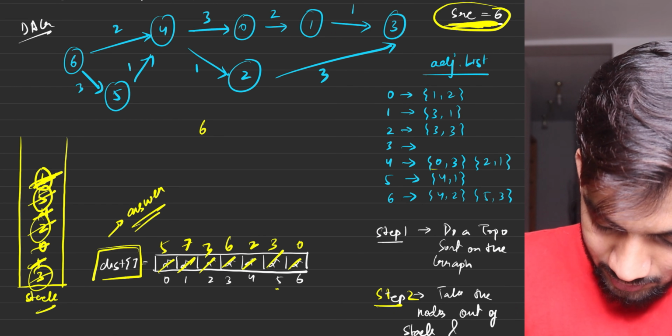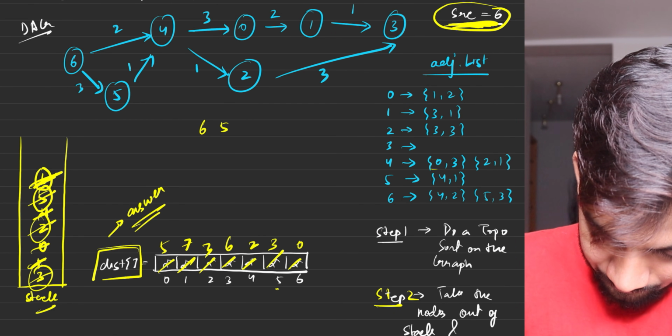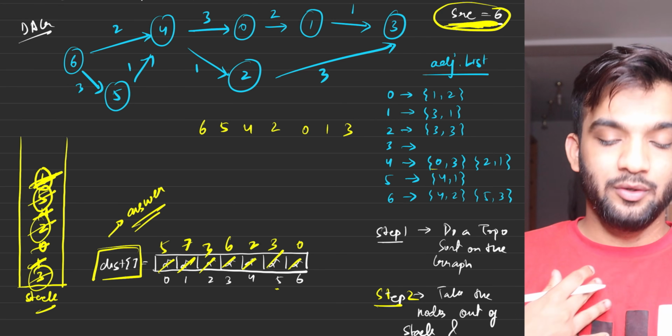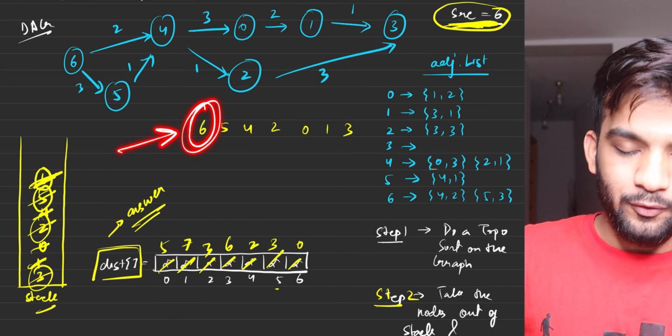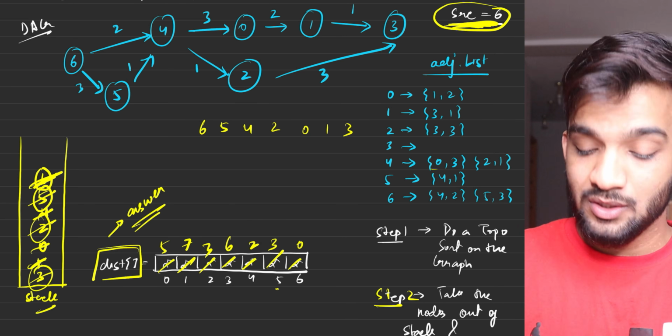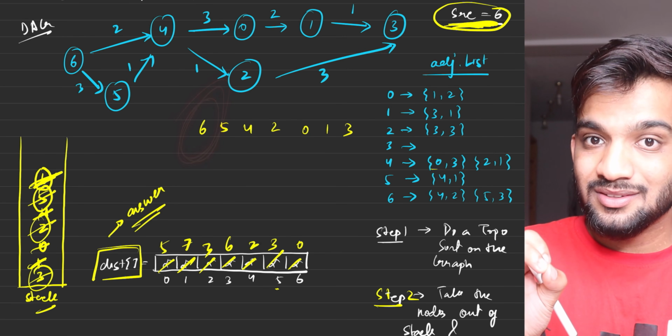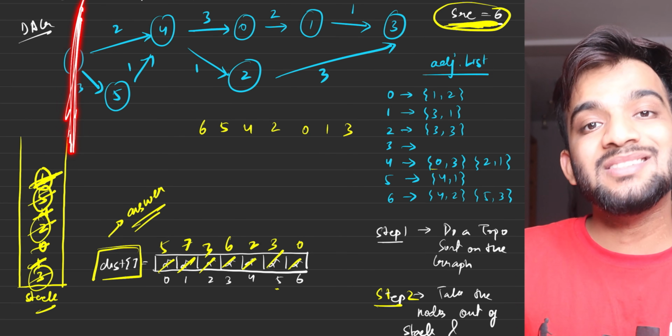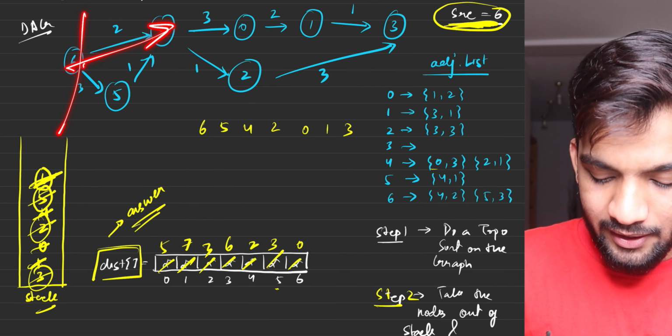What was the topo sort for this? If I write it, it was 6, 5, 4, 2, 0, 1, 3. Something I know for sure is there is no one before 6. So the initial guy is 6. I took the initial guy to be 6, and 6 took me to 4 and 5.